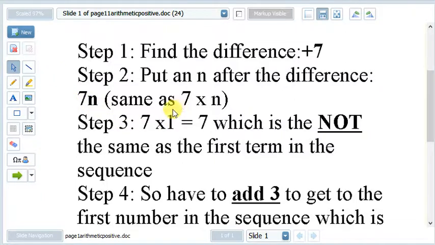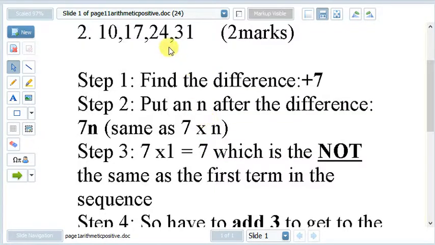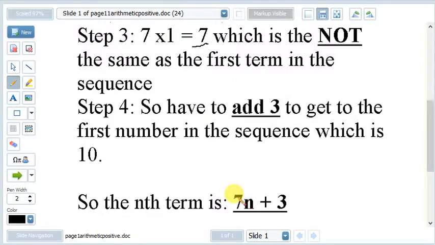So 7 times 1 is 7, and that is not the same as the first term in the sequence. So we've got to get from this 7 up to the first term in the sequence, which is plus 3. So therefore the nth term is 7n plus 3.